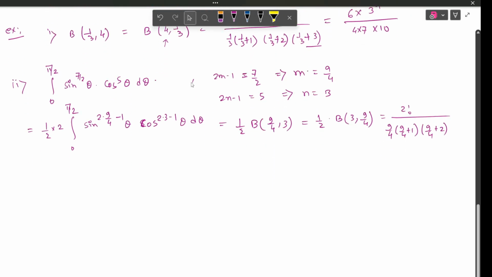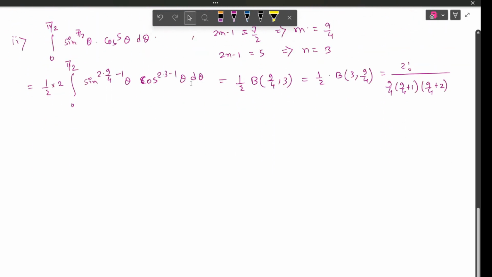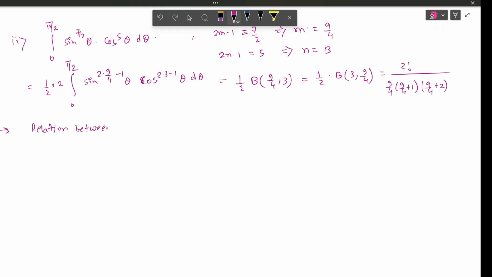Now let's see our next section, that is relation between beta and gamma function.